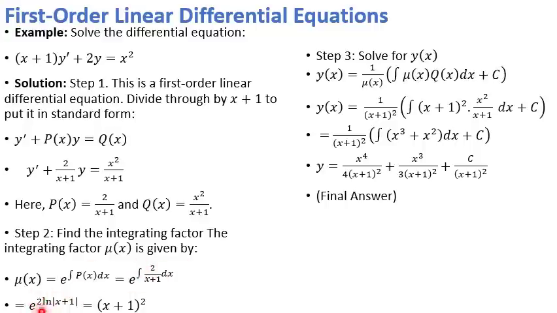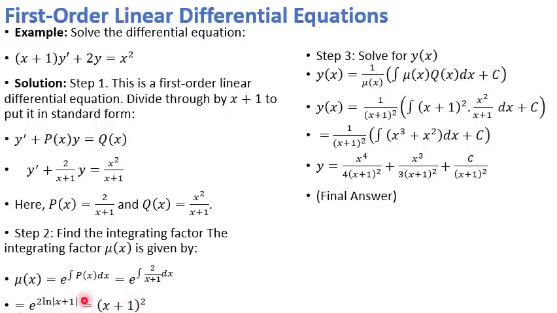Integrating this gives us exponential raised to power 2 natural log of x plus 1. Now this 2 can come up here and become x plus 1 raised to power 2. And there's a property of logarithms that states that when you have exponential raised to power natural log of a function, that function becomes the answer. In other words, the exponential and the natural log cancel out to give you the function as the answer.